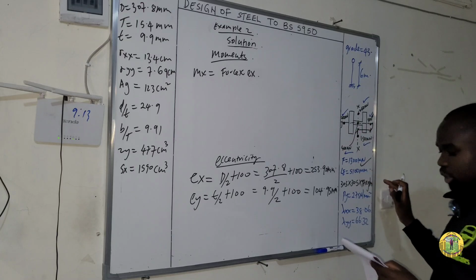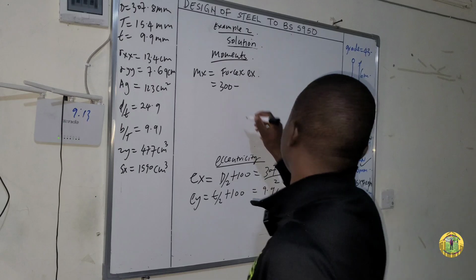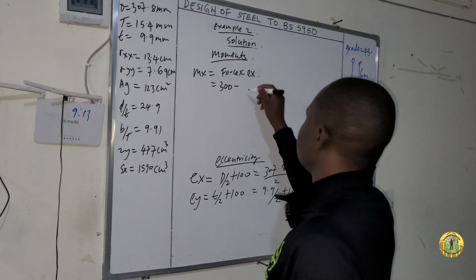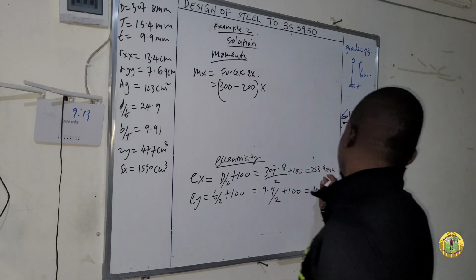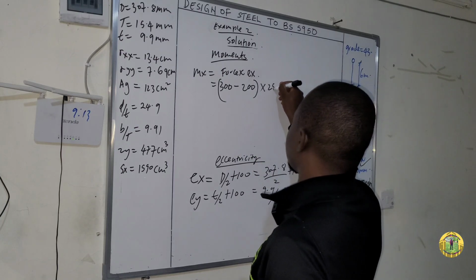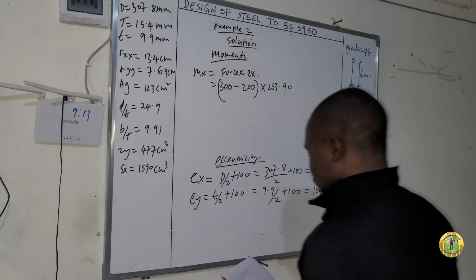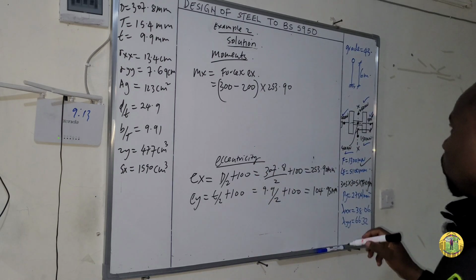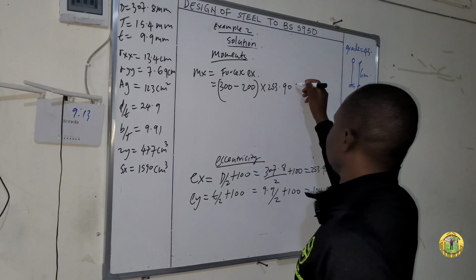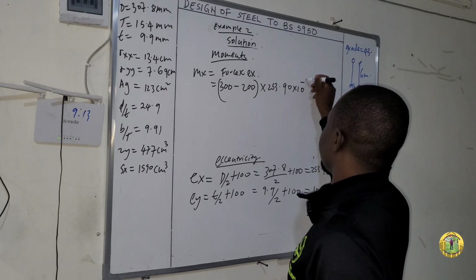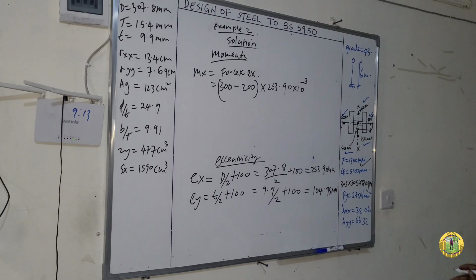So we'll take 300 minus 200, then you multiply by EX, which is 253.90. Of course, this is in millimeter, so you will multiply by 10 to the power of negative 3 to make it meters.